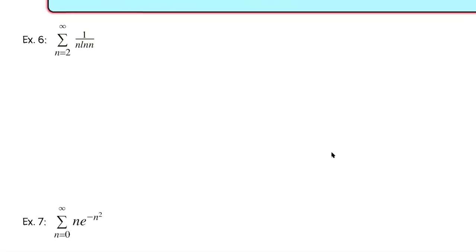And so this is in the section of the integral test. But even in looking at that, I'm like, oh, this is a u-sub situation, straightforward, okay? So I'm going to take my integral from 2 to infinity of 1 over x natural log x.